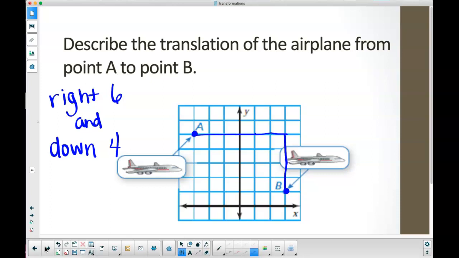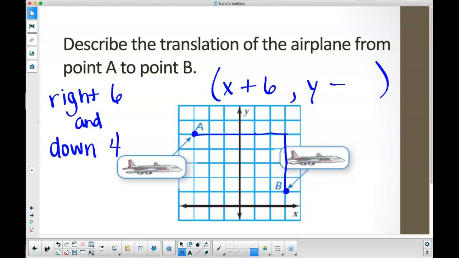Questions there? Now, if I were to put that in this form, X and Y, if I said the plane started at X and Y, it ended at X plus what? 6. That would be the same as going right 6. How would I show down 4?